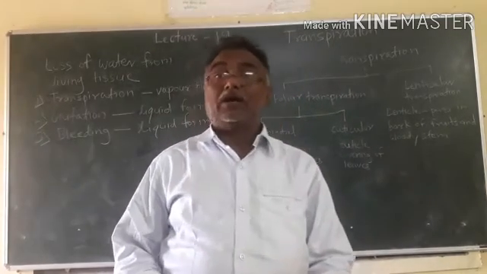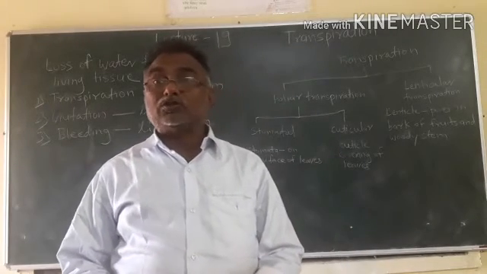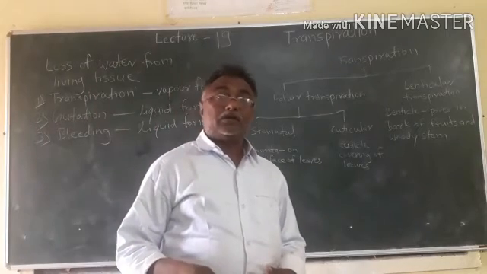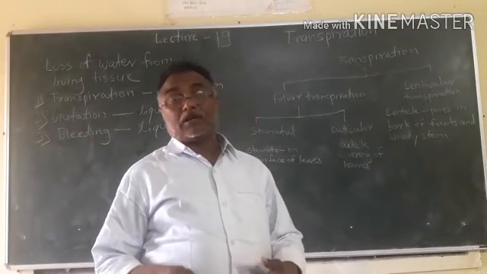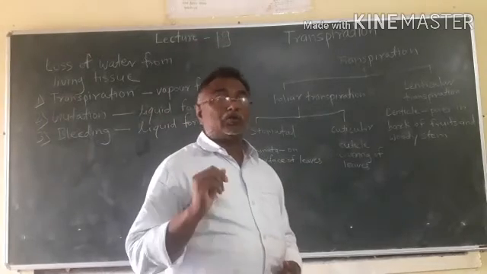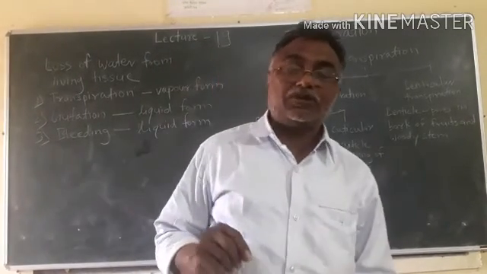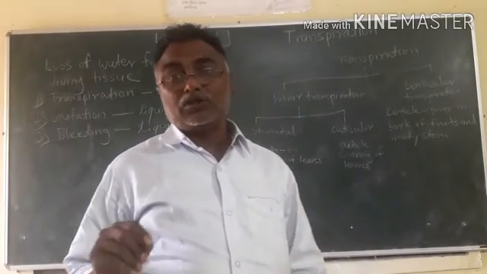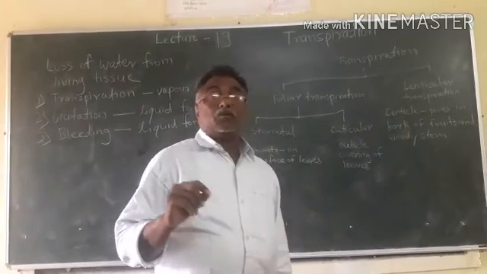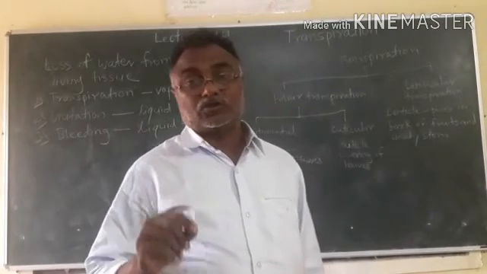Leaves have stomata and water is lost through stomata. Then leaves are covered by cuticle and water is lost through cuticle. There are also pores present in the bark of woody stems, and pores are also present in the bark of fruits.